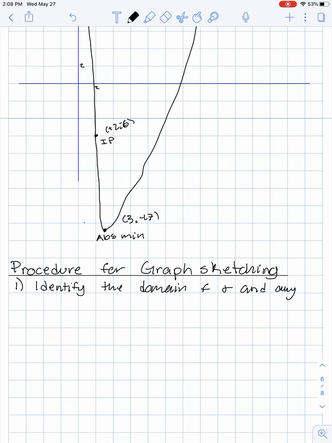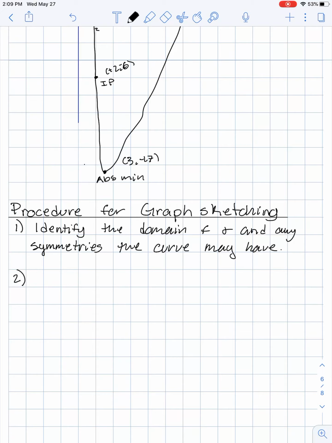So is it an odd function, is it an even function, or is it not? You guys know how to do that from chapter 1.